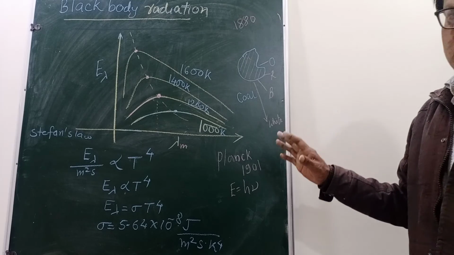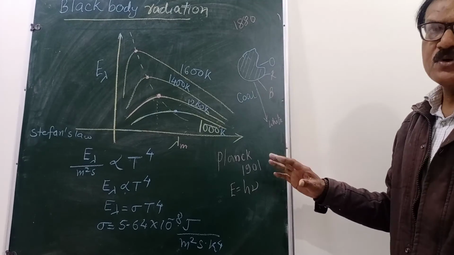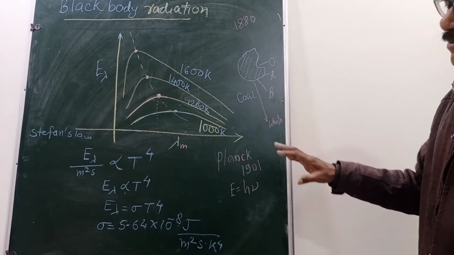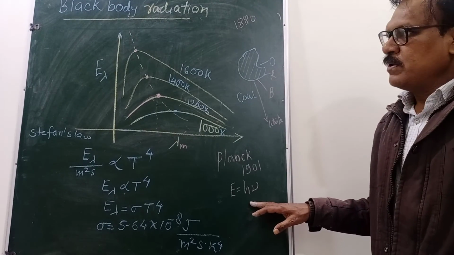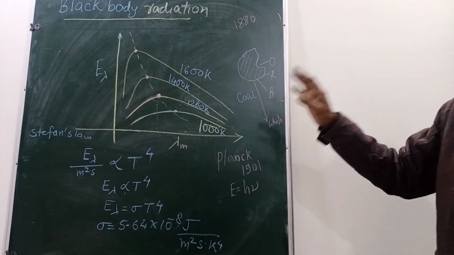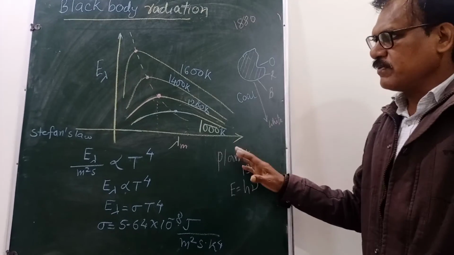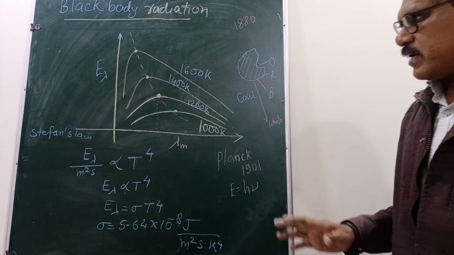Later on, Albert Einstein, de Broglie, even Rutherford and Bohr in 1909, used this concept E equal to h nu. Therefore, it gave the backbone, or the clue, for the development of quantum mechanics.